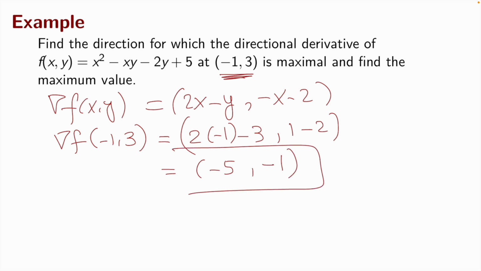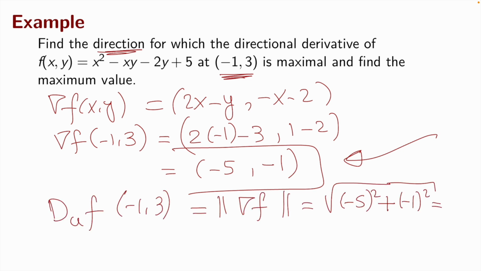So this is the answer to the first question. What's the direction? Well, it's the direction of this vector. In this direction is where the function is going to increase the most. And how much is this maximal value? In other words, we need to calculate the directional derivative in the direction of u.